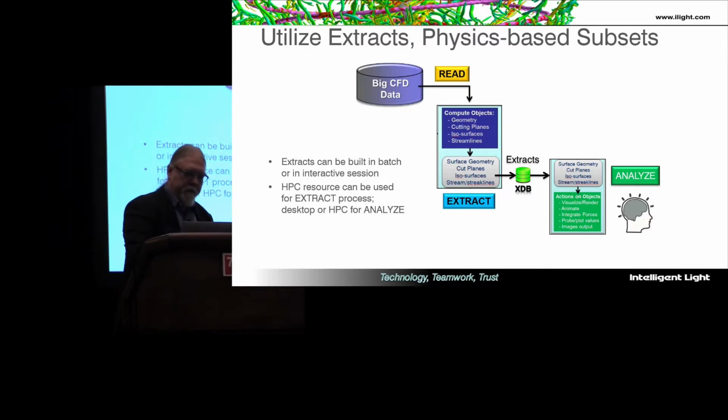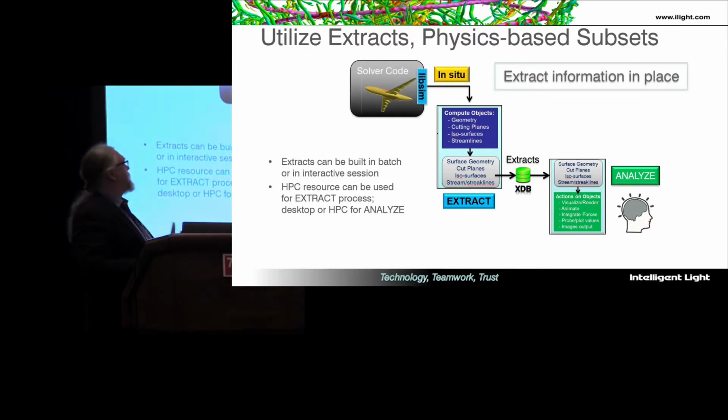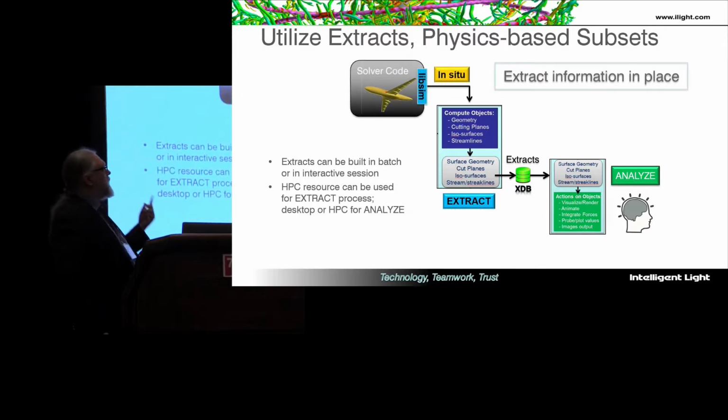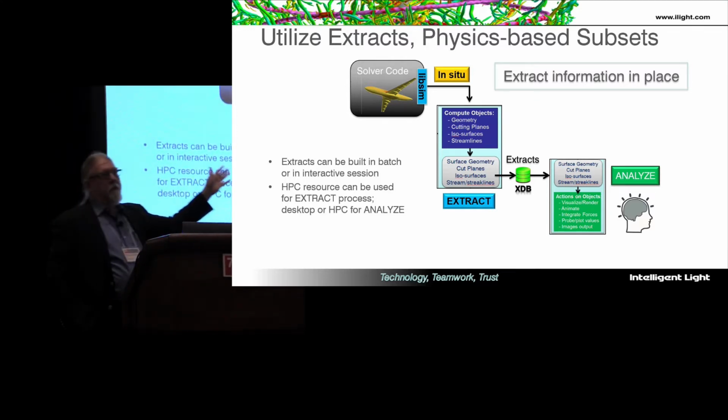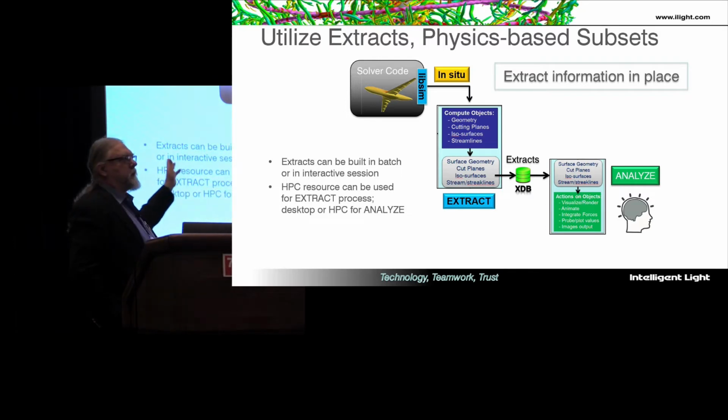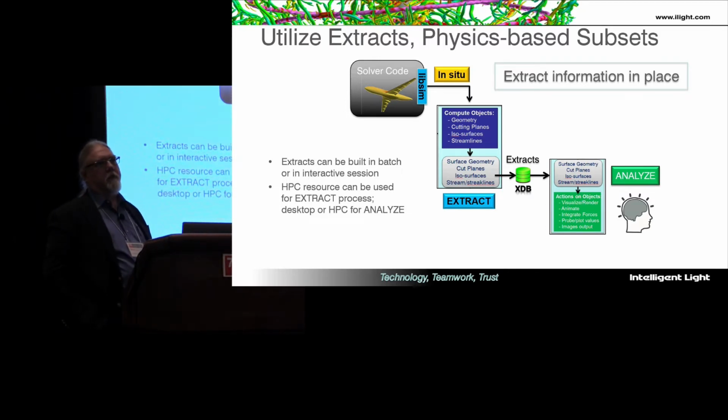You can go one step further and instrument a solver code to directly create the extracts. This idea of in situ processing has been around for quite a while, where, in the memory space of the solver code, you extract the important bits. We've done this for Fluent. Fluent's current version is able to output these XDBs.